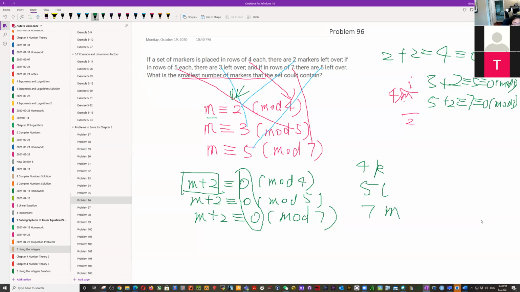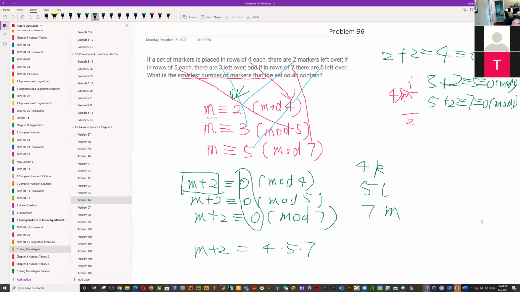So basically, m plus 2 is equal to 4 times 5 times 7, because 4, 5, and 7 are mutually have no common factors. So those are co-prime factors. If they are co-prime factors, you just stack them up.